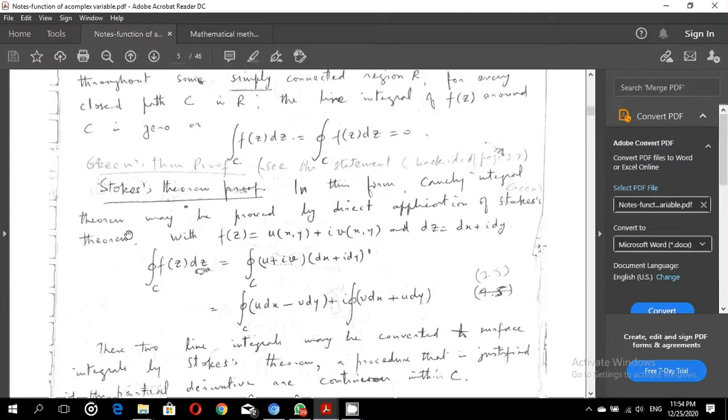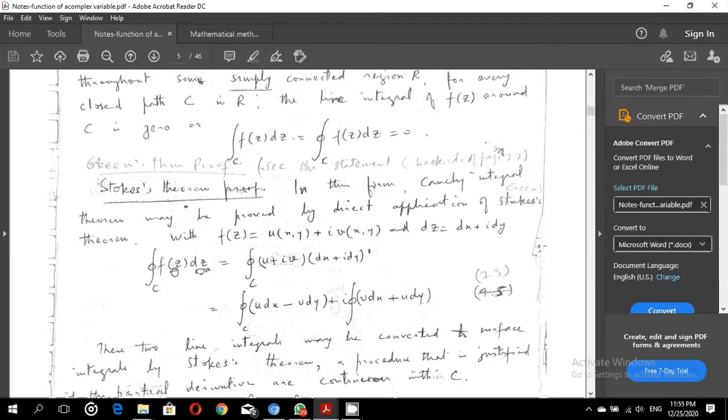So for the proof, there are two proofs. One uses Stokes' theorem. So in this form, the Cauchy integral theorem may be proved by direct application of Stokes' theorem. We know that f of z has the real part u and the imaginary part v, and dz is equal to dx plus i dy.